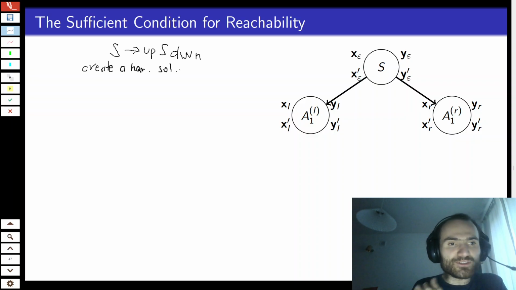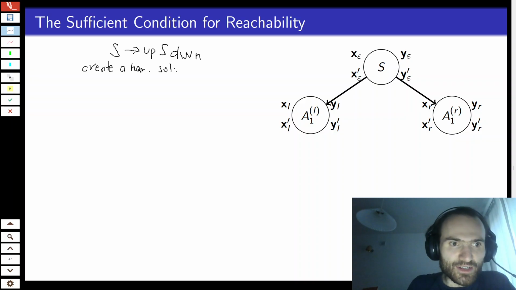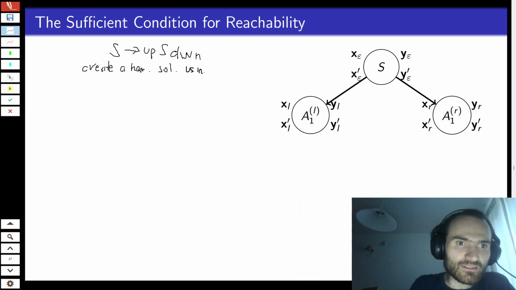Remember that we have a full support homogeneous solution. So in particular, there is a homogeneous solution using every production more often than the cycle.